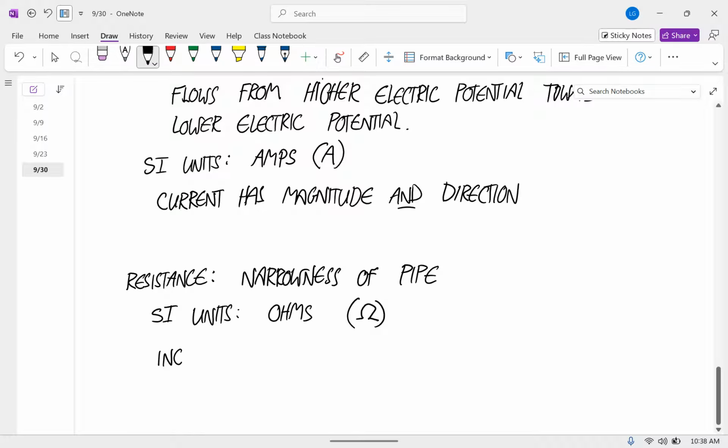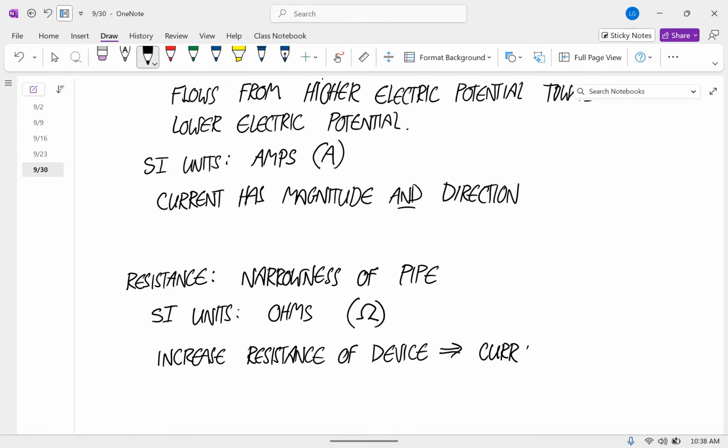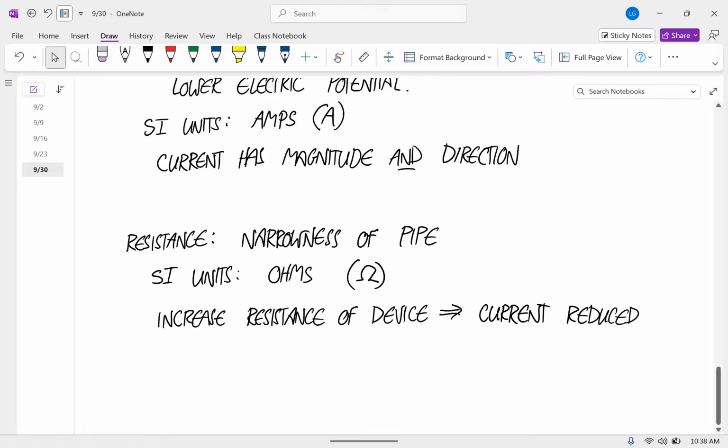So if you increase the resistance of a device, then the effect is that the current is reduced. And if you decrease the resistance of a device, the effect is that the current is increased.